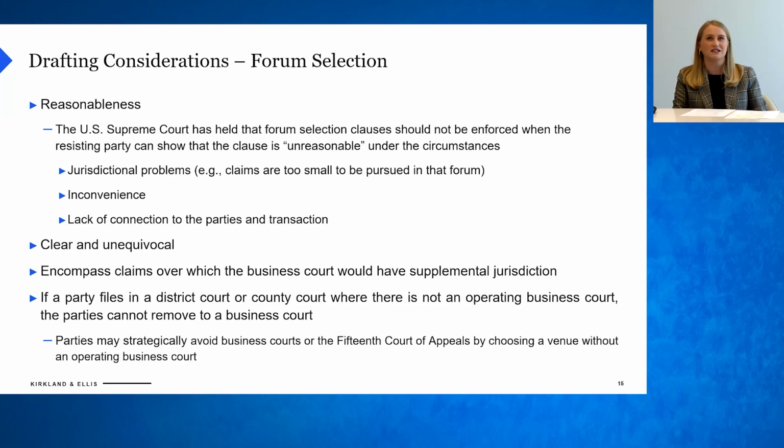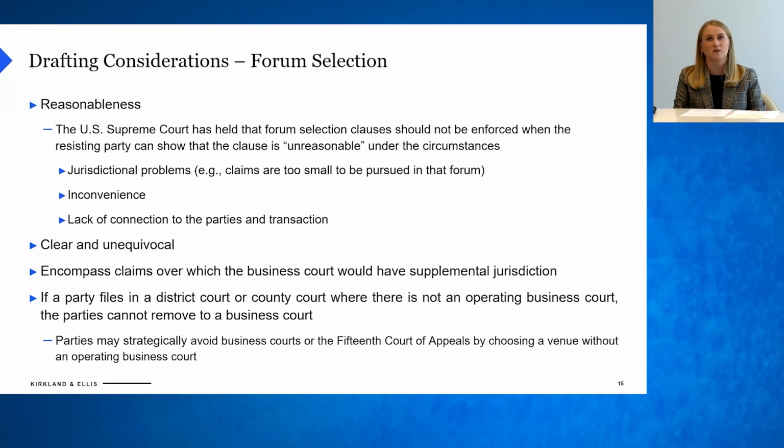There's also some speculation as well. There will be 11 divisions of business courts, but the governor can't appoint judges to 6 of those until July of 2026. And so there is a probable likelihood that there will not be operating business courts for a bit in certain of the jurisdictions.